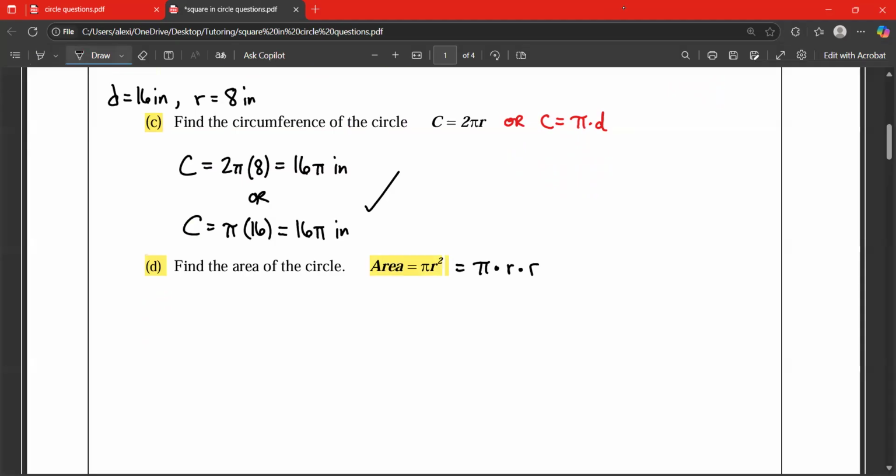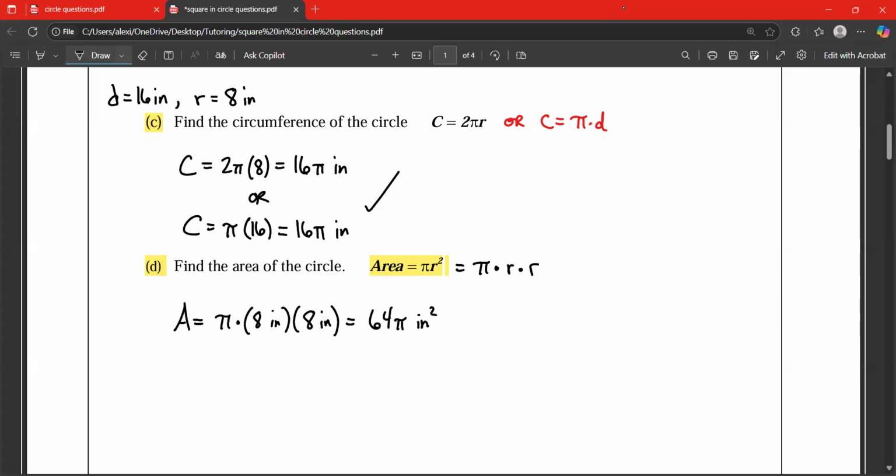Okay, the radius was 8 inches. So that means area of the circle is pi times 8 inches times 8 inches, which is 64 pi inches squared. Remember, we're giving an exact answer, so we're keeping the pi.